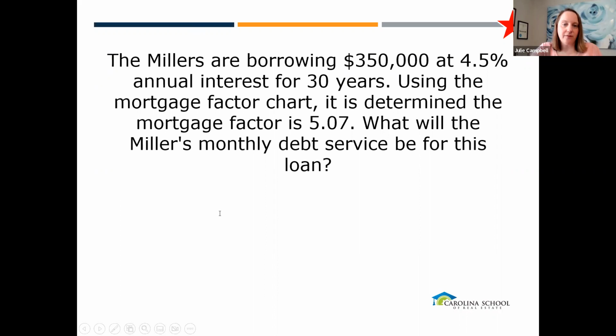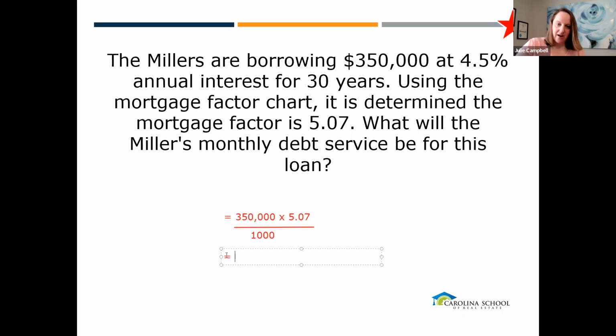So we've read the problem. We know what it's asking for. To solve for a monthly principal and interest, we're going to take the loan amount times the rate factor, and then we're going to divide it by 1,000. So when you take 350,000 times 5.07, we get a really big number.